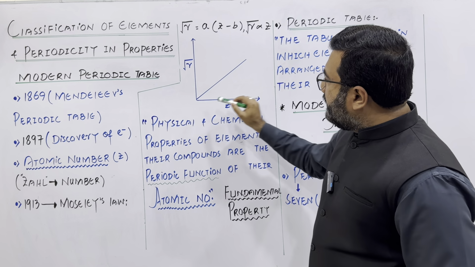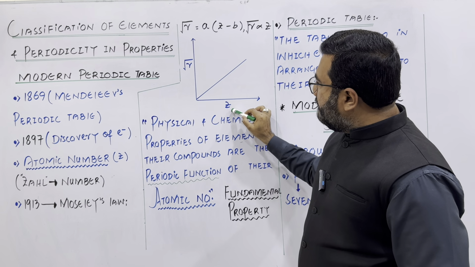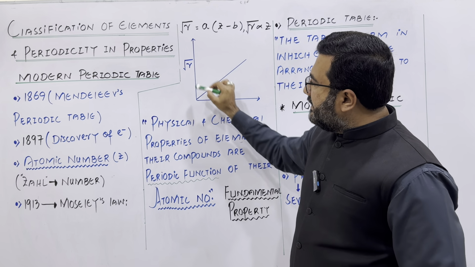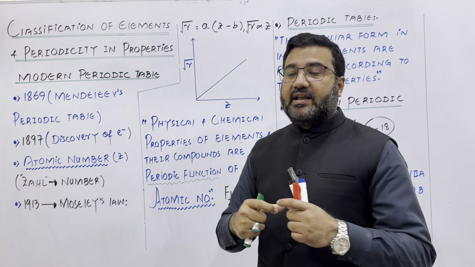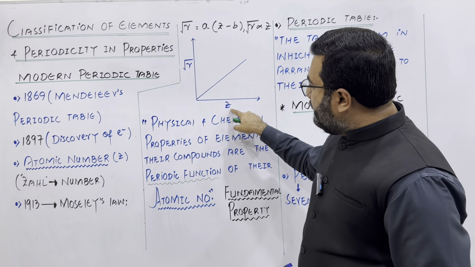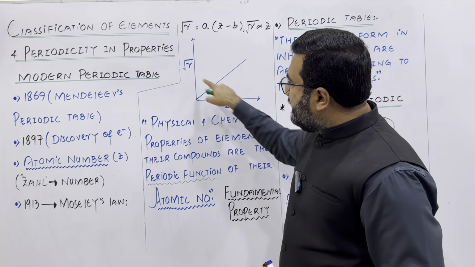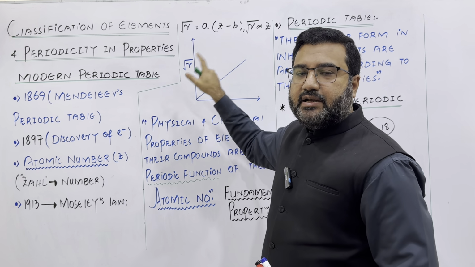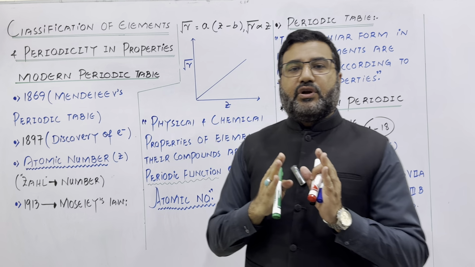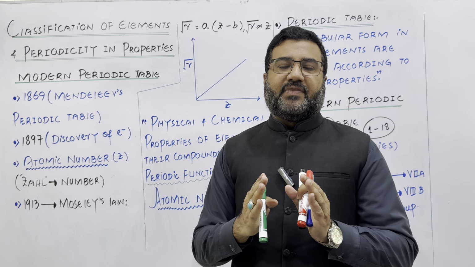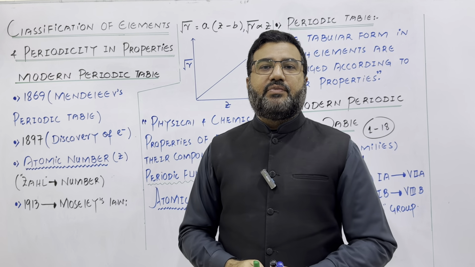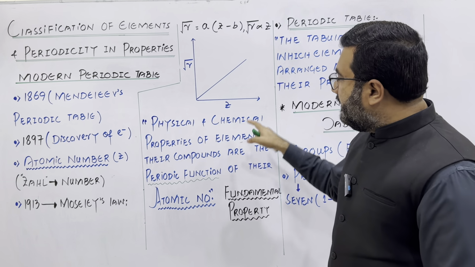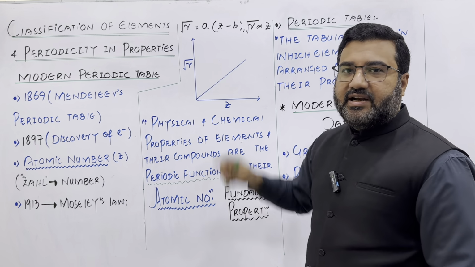And when a graph is plotted between atomic number Z and square root of the frequency, we get a straight line, and we do not obtain a straight line when the graph is plotted between atomic mass and square root of the frequency. It means that the frequency of the X-rays does not depend on the atomic mass of the element producing those X-rays, rather it depends on the atomic number of that element.